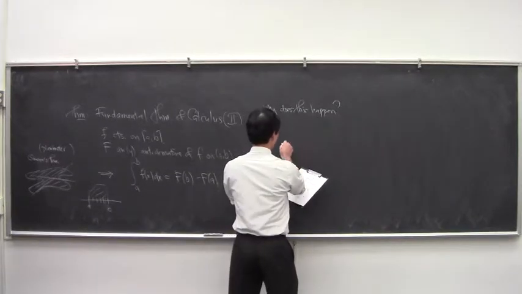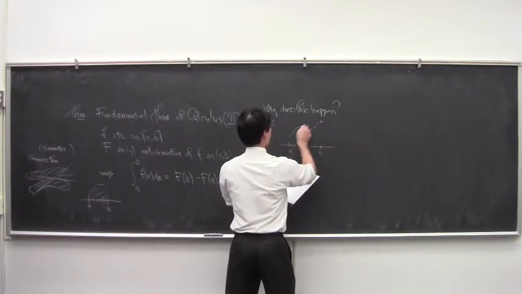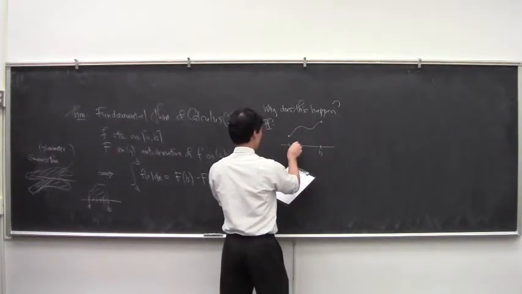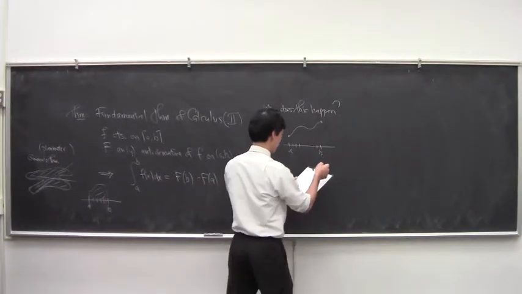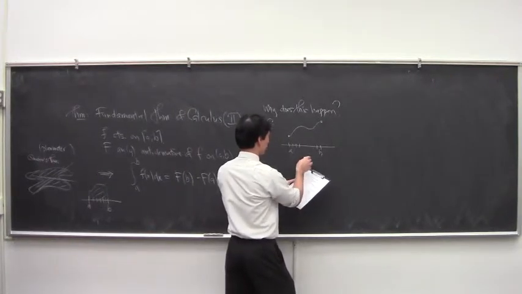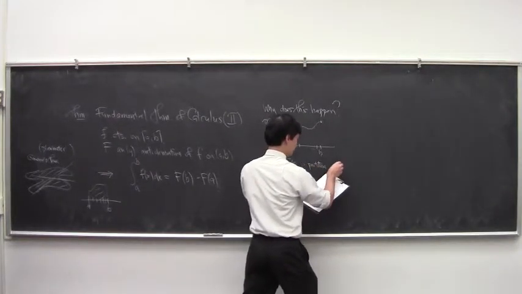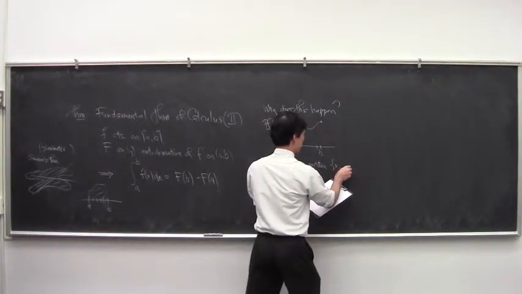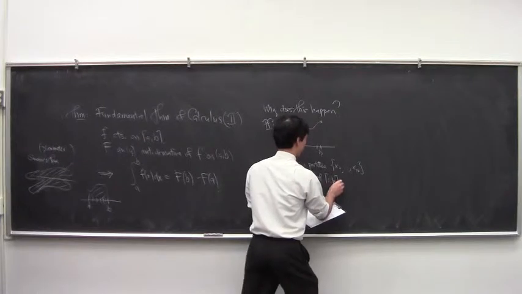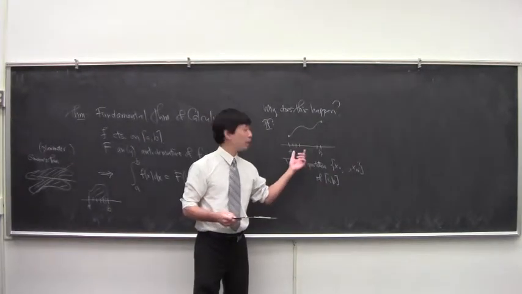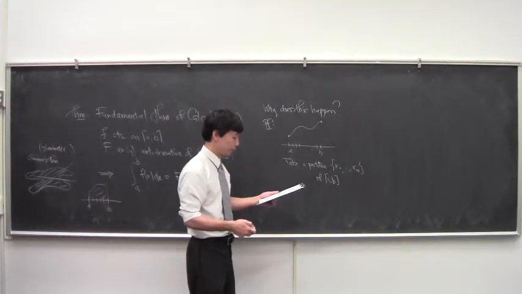Here's your continuous function. Take a Riemann sum. So take a partition, x naught to x_N, of [a, b], where all the intervals are the same width.